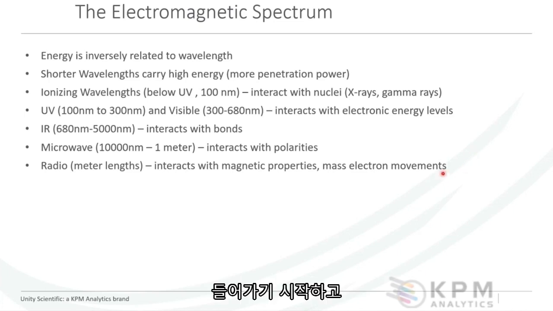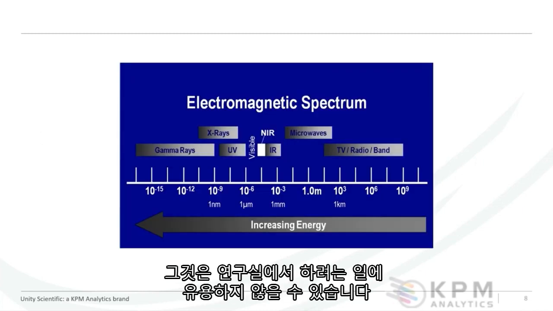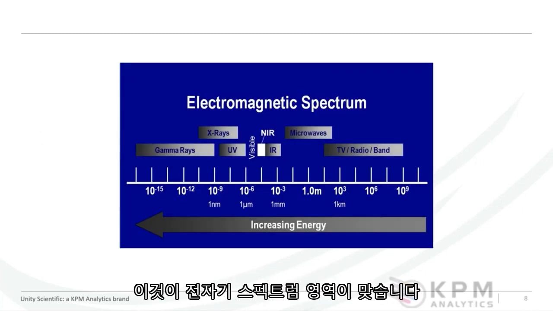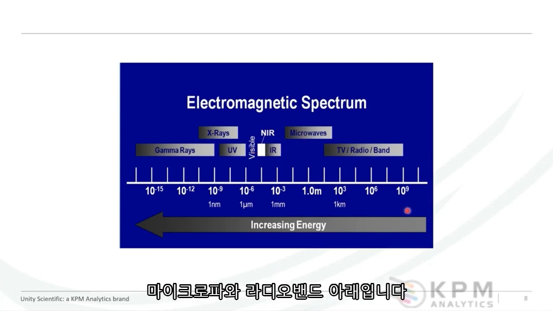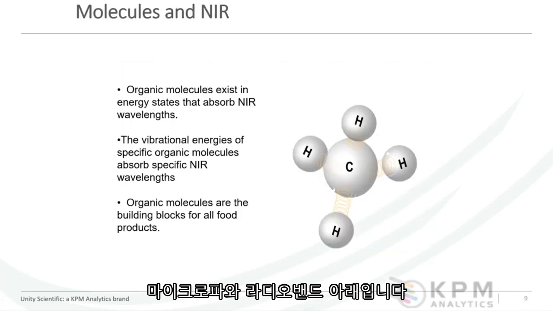Beyond that, we start getting into microwave and radio waves, and again, that's really not useful for what we're trying to do in the lab. So this is the area of the electromagnetic spectrum. You can see that near infrared is right above the visible, at slightly longer wavelengths than the visible, before IR and microwaves and radio bands.